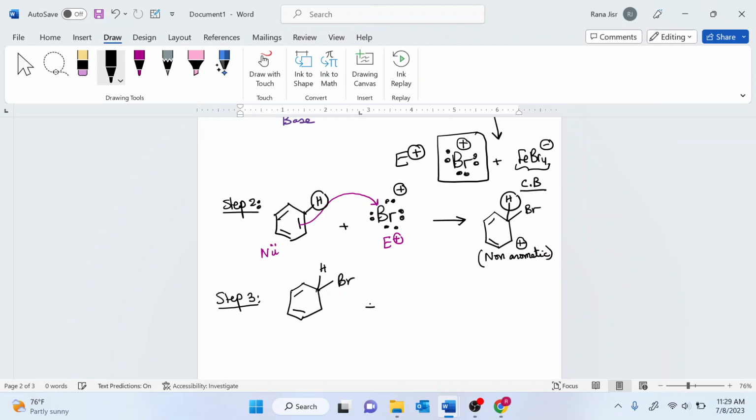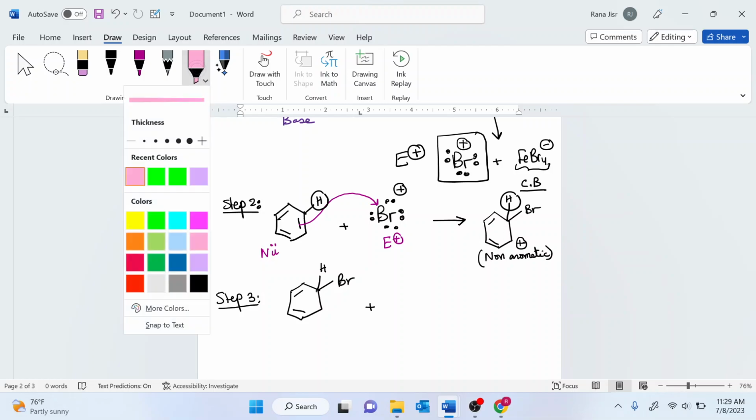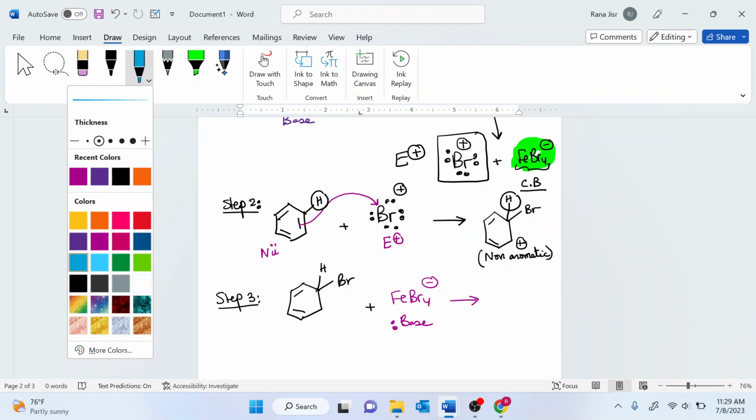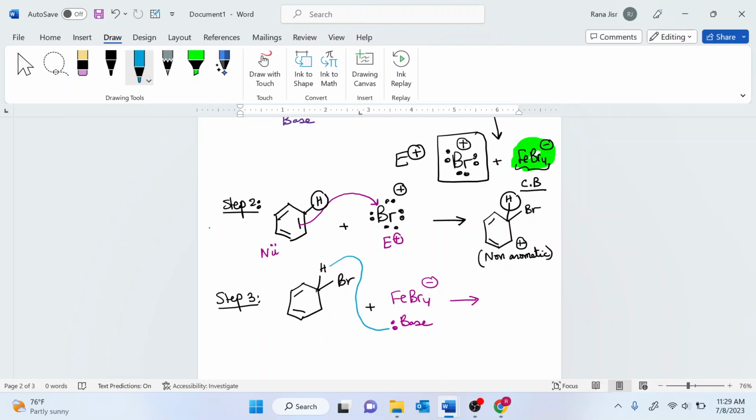It's in this step that I would need a base, any base in the solution. And here in this case, I do have the FeBr4. This is the base. So I'm going to use the FeBr4 negative in there. And that base is going to come and take the hydrogen in there.